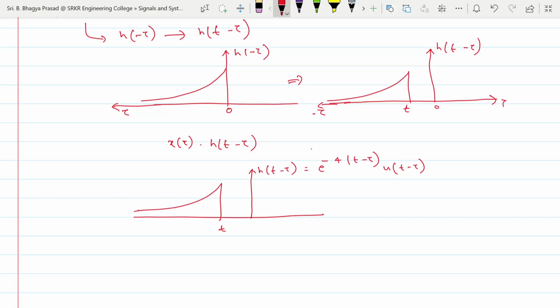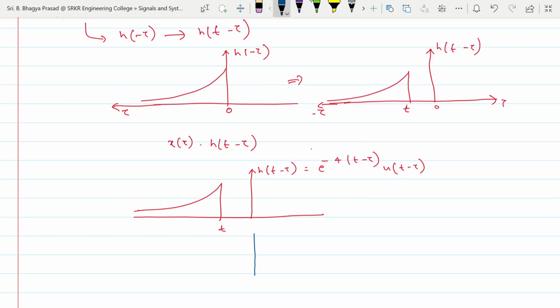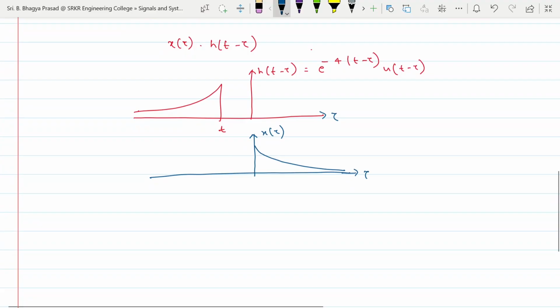And another signal is x of t, which will be like x of tau. Both are on the tau axis. So these two signals should be multiplied by moving this h of t minus tau from minus infinity to plus infinity.